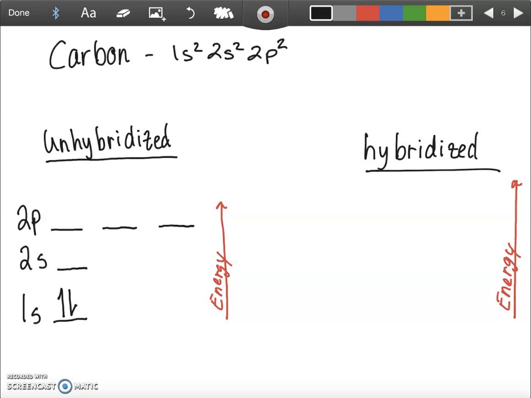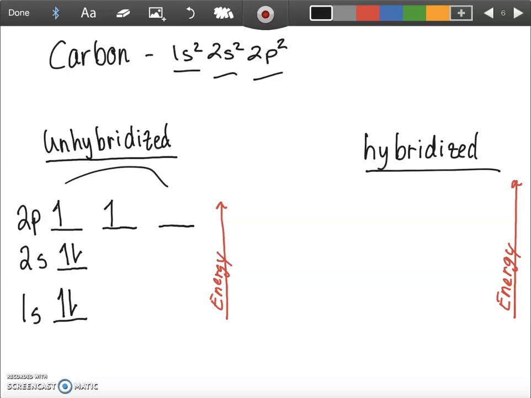So that takes care of these 2 1s electrons, and then we have 2 more electrons in the 2s orbital, and then we have 2 electrons in the 2p orbitals. Remember, we have to separate the electrons out before we can double them up.